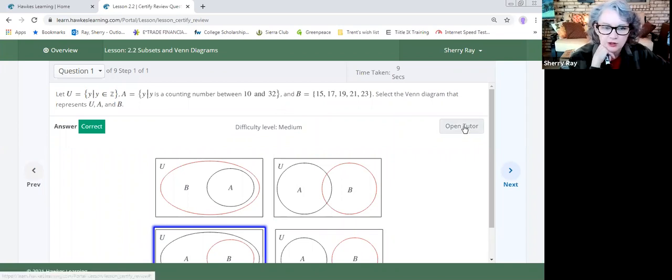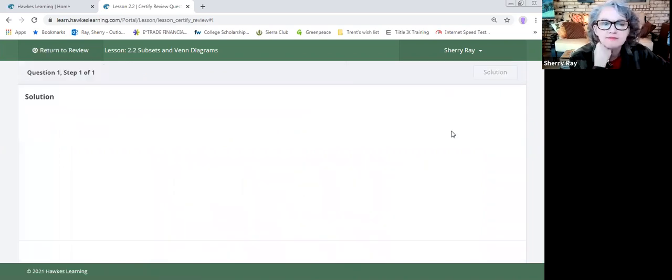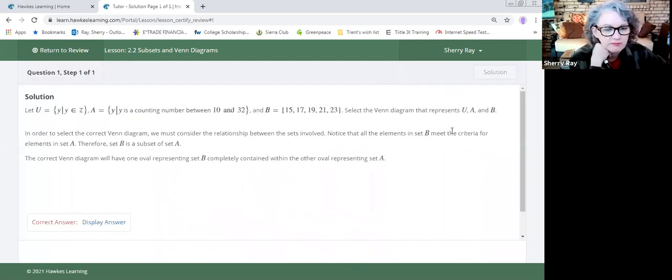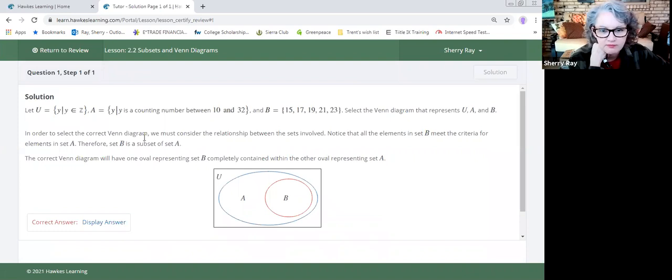Let's go to tutor here and see if that helps. Okay, so they're using a Z for, I believe, integers. I think that's the notation they're using.